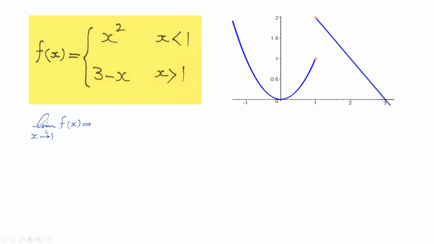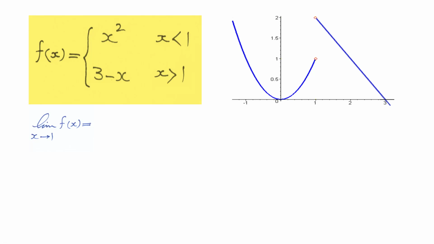And because x can be on either side of 1, we should consider two separate cases to find the limit of the function. One case is when x is less than 1, and one case is when x is greater than 1. Notice again that when x approaches 1, x is very, very close to 1, x is not equal to 1, but x can be on either side, left side or right side.